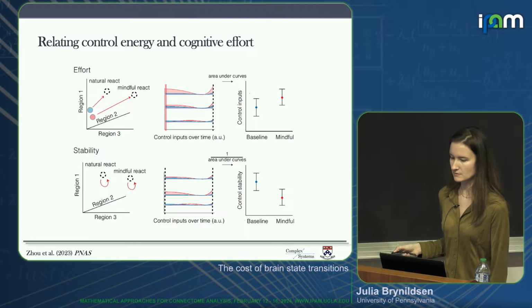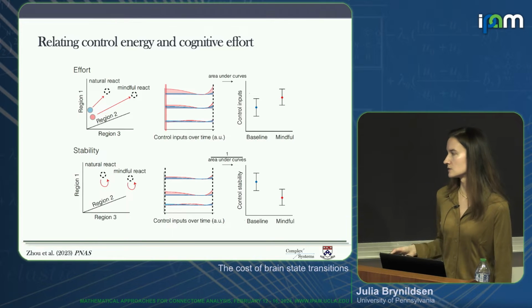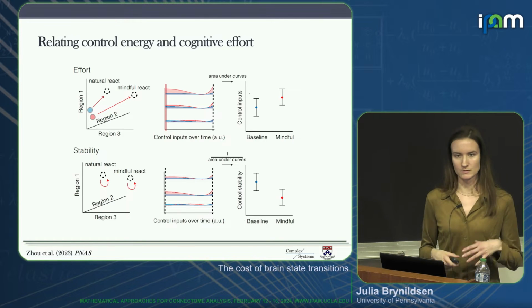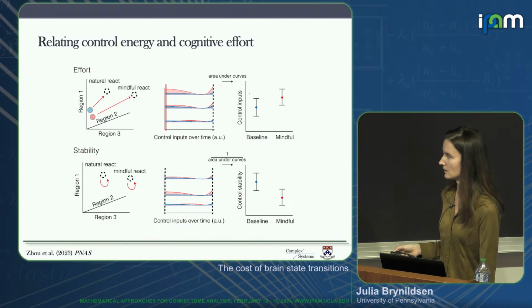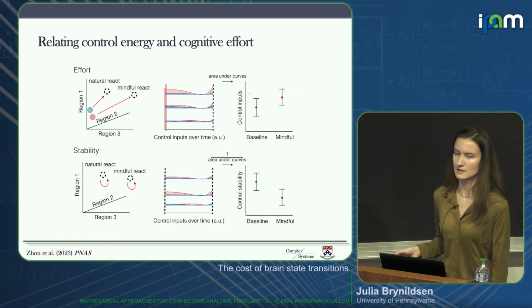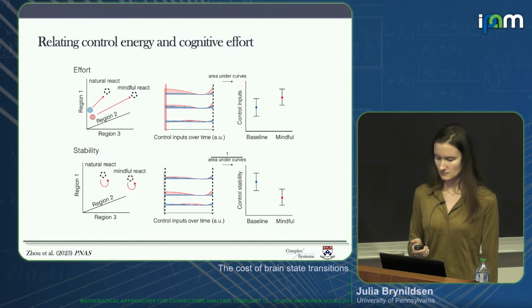And then the second hypothesis was that the mindful state would be less stable than the natural react state. So in other words, the brain would be more likely to transition out of that state. It requires more control input to maintain the neural activity state associated with mindful reacting.